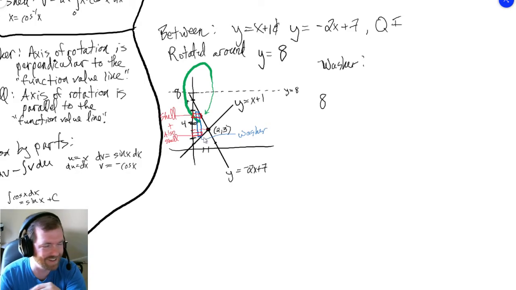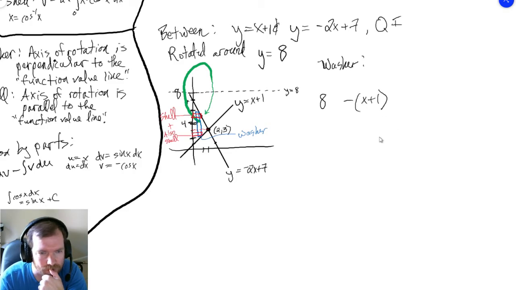Alright, easier. Let's cut out the stuff underneath x plus 1. So take 8, we're going to subtract out x plus 1. So subtract out this y value here, and that cuts it. And then we also want to cut out the stuff that is above negative 2x plus 7. Why am I having such a hard time with this? Okay, let's start over.